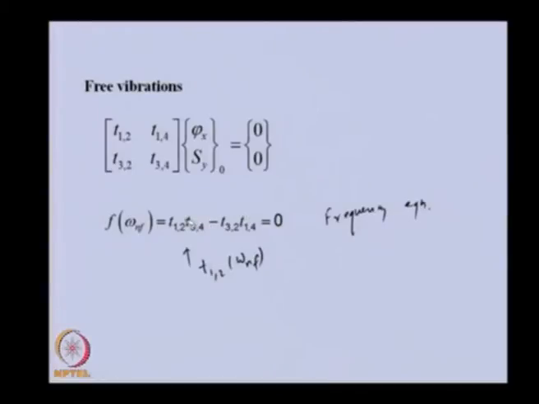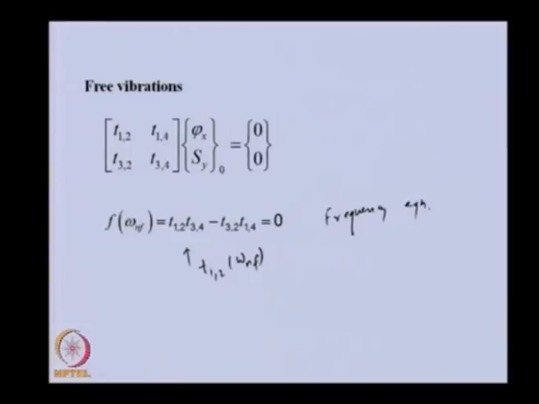So, generally we solve this frequency equation using numerical analysis techniques. We explained that in the torsional vibration case also. Some kind of root searching technique can be used to obtain this particular frequency equation.